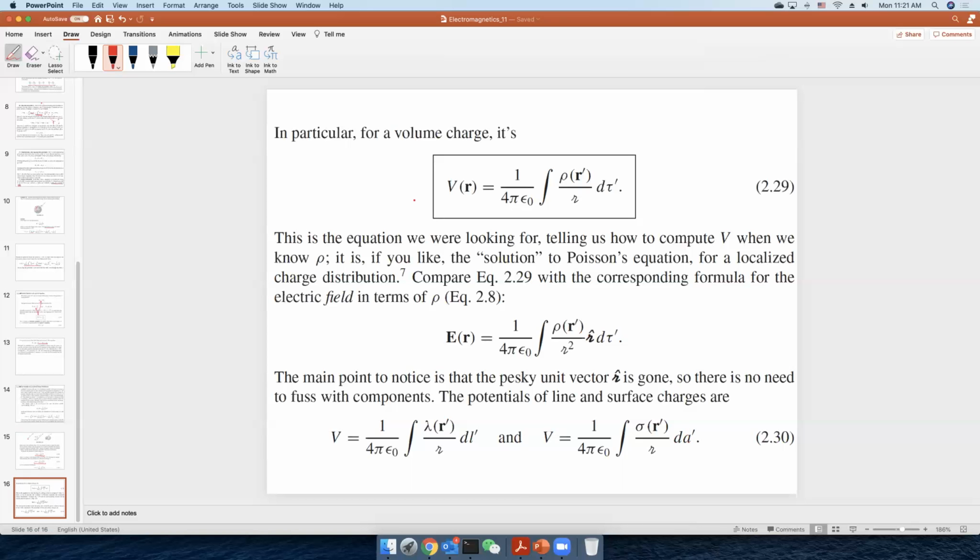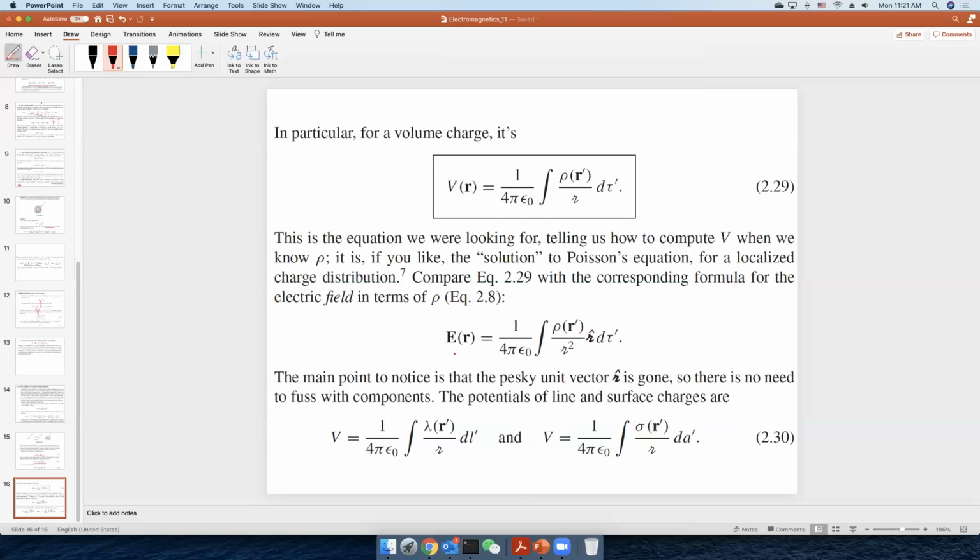So that's the electric potential calculation for continuous charges, no matter whether it's a volume charge, line charge or surface charge. You can look at equations 2.29 and 2.30.